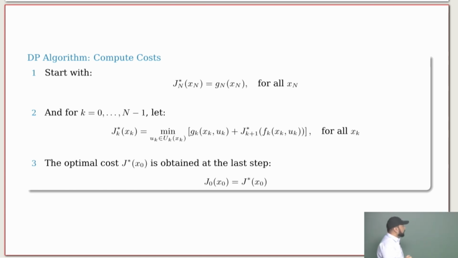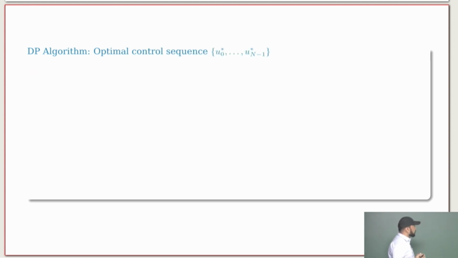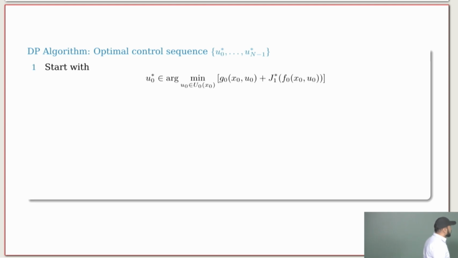Once we have these cost estimates in hand, the next step in the DP algorithm is to locate, based on this cost, the optimal controls that you will take. So we have seen this. The next step gives the optimal control sequences, which require the optimal cost that we computed before. These optimal sequences start from x0.